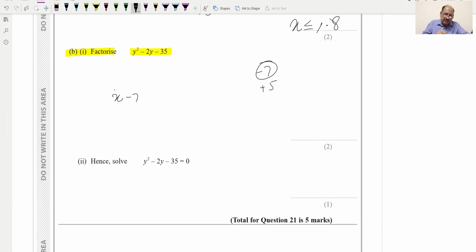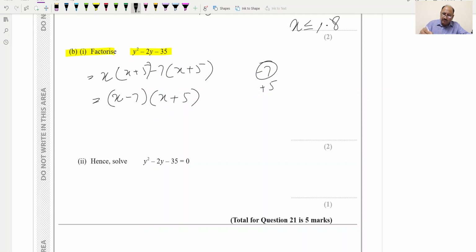So x minus 7 and x plus 5. For the intermediate step we will write here x and this whole thing, which is x plus 5, and then minus 7, bracket close, minus 7, and again x plus 5, and that's all.